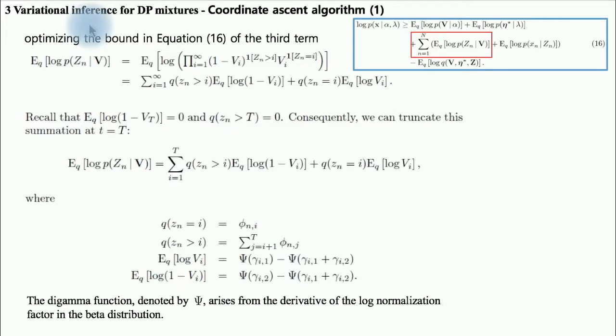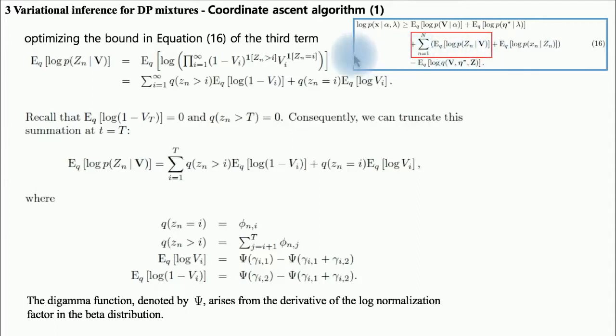In this slide, we present an explicit coordinate ascent algorithm for optimizing the bound in equation 16 with respect to the variational parameters. All the terms in the bound involve standard computation in the exponential family except for the third term.